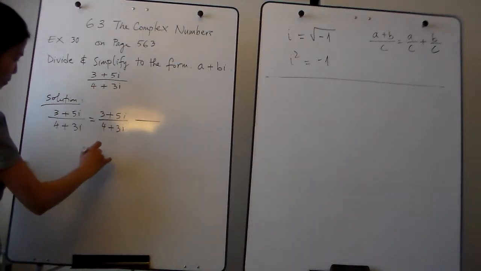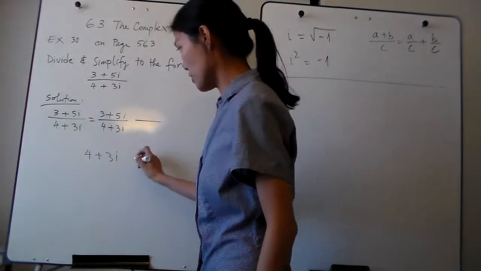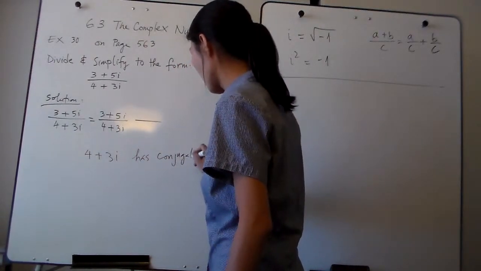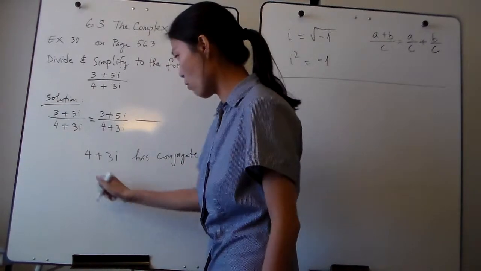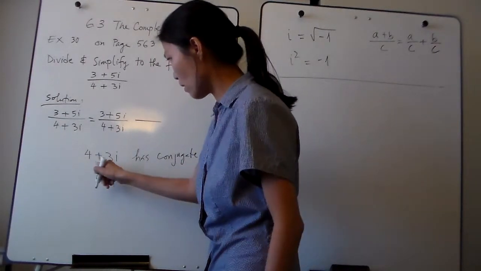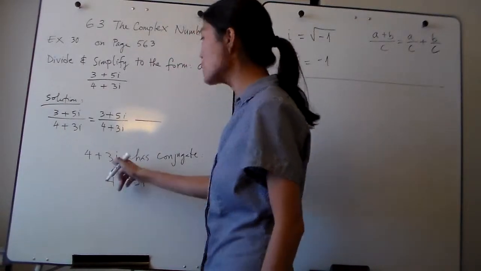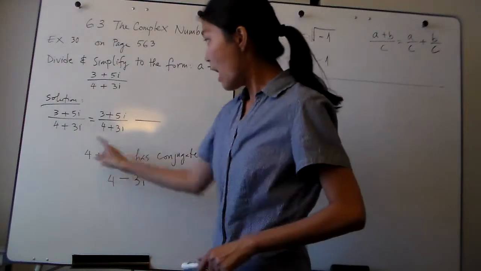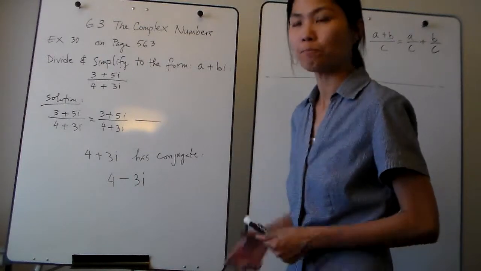This denominator, 4 plus 3i, has a conjugate, and this conjugate is equal to 4, same a, which is 4, minus the opposite sign of the imaginary term, the term with the i. So the denominator 4 plus 3i has conjugate 4 minus 3i.